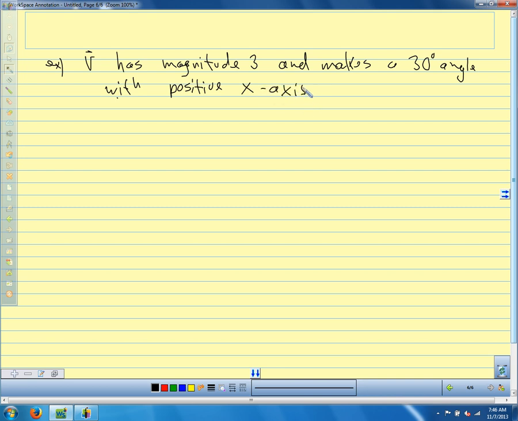And we want to write v in terms of i and j. So we want to write v in terms of our standard unit vectors.